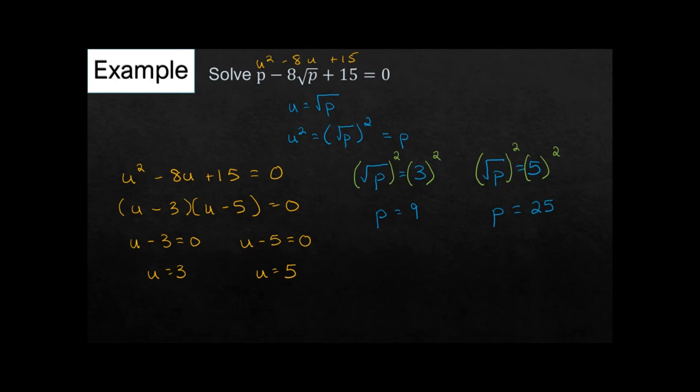We call these extraneous. Since we squared things, we have two solutions here. We do need to double check, because it's likely there's only one. So we need to check them in the original equation. I'm going to do this on the next slide. We'll start with p equals 9.